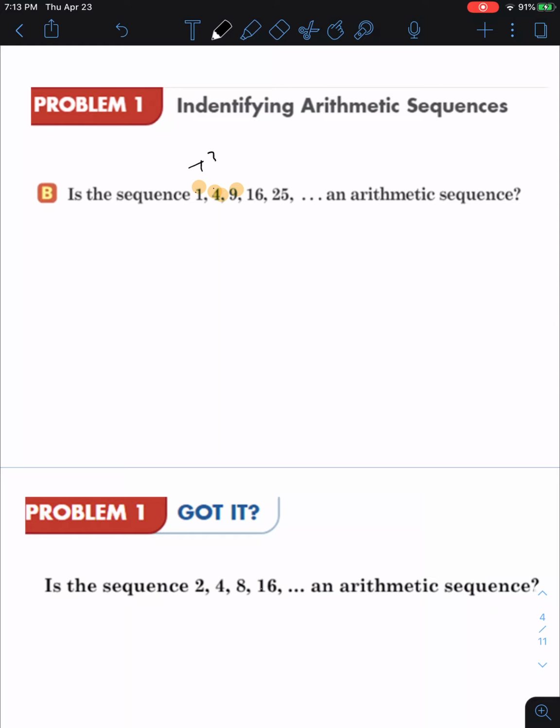Okay, so plus 3, plus 5. Oops, those aren't the same. I can almost stop here. We'll go ahead, add 7, add 9. Hey, there's definitely a pattern here, but it's not arithmetic. So is this an arithmetic sequence? No, there's no common d, or no common difference.